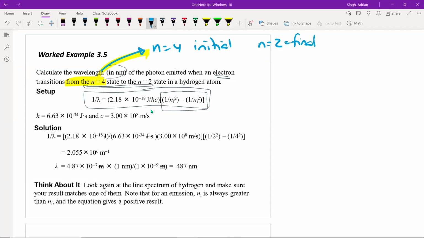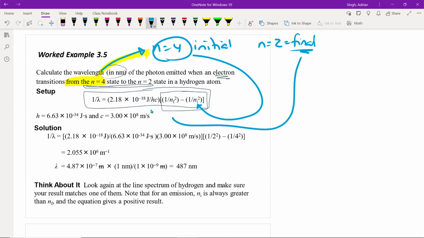That's where we're ending up. So when we substitute those values in, the initial goes in the second part here, so that'll be 1 over 4 squared. And then the final goes first. Final minus initial is how we find the change of anything, and that would be 1 over 2 squared.